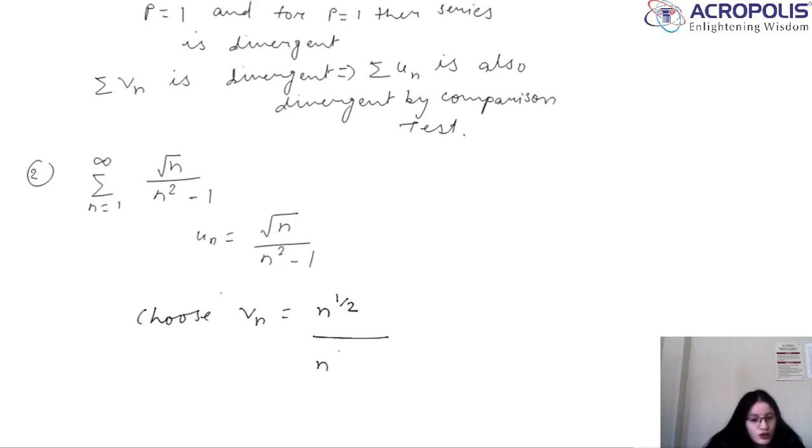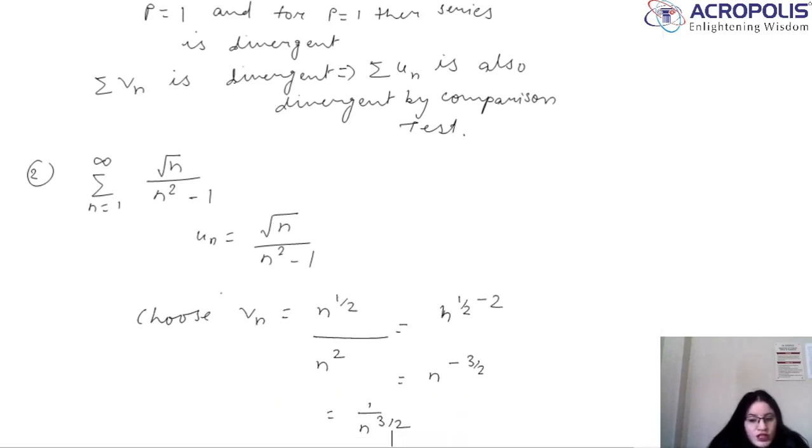So in the denominator, the highest power of n in the Un is n to the power 2. So we get 1 by n to the power 1 by 2 minus 2, or n to the power minus 3 by 2, which we can write as 1 by n to the power 3 by 2.